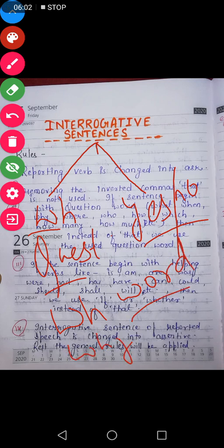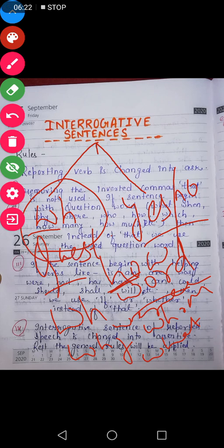Why, whom, what, where. All these kinds of words are called WH words. How: although "how" does not begin with WH, yet it will be called a WH question sentence.